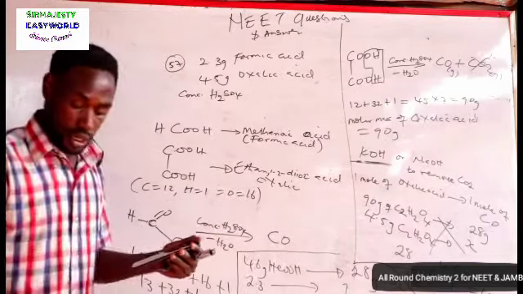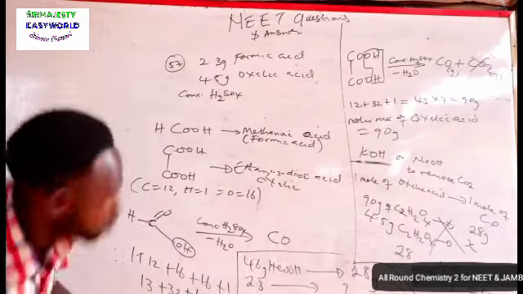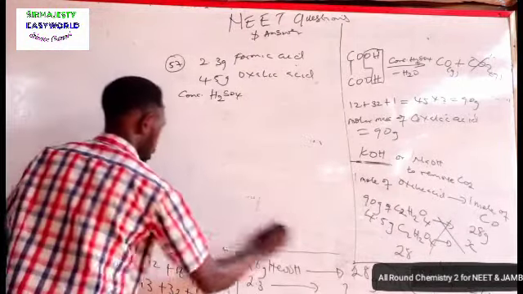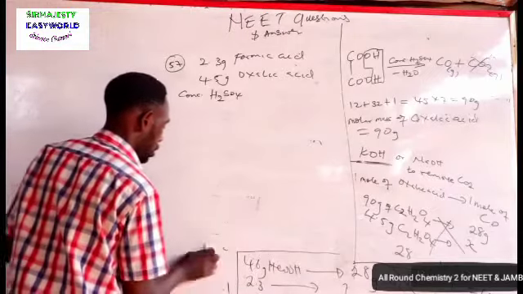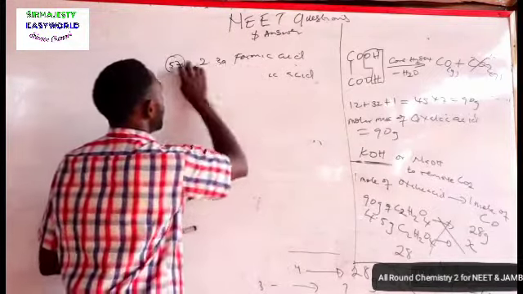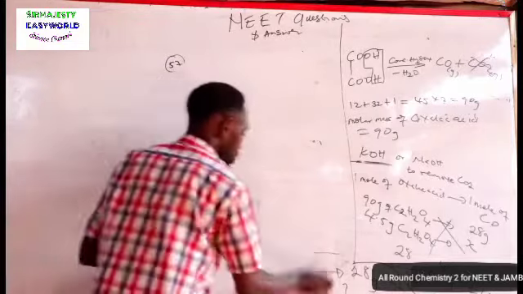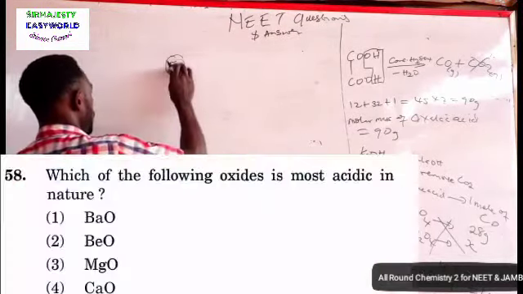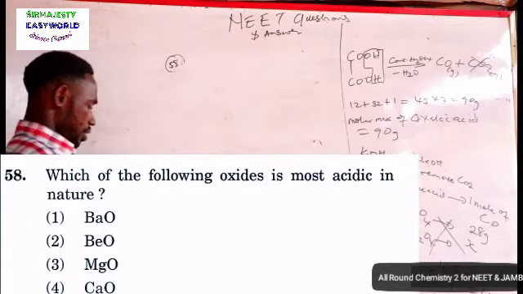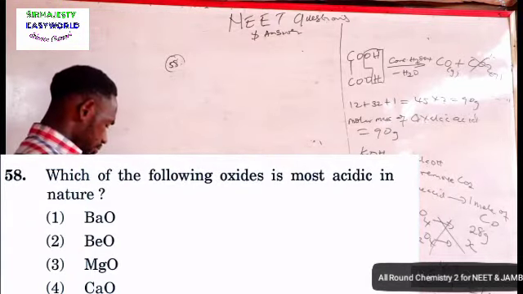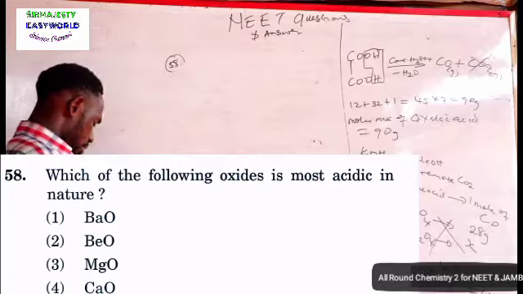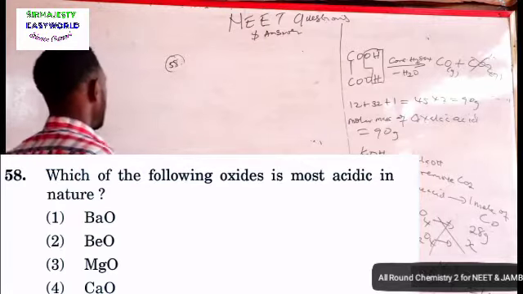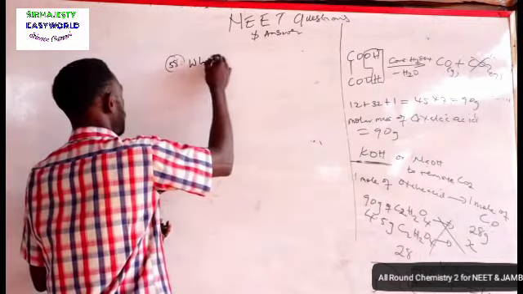Question 58, as you can see on the screen, after 57, says: which of the following oxides is the most acidic in nature? Let me write it because it's short.